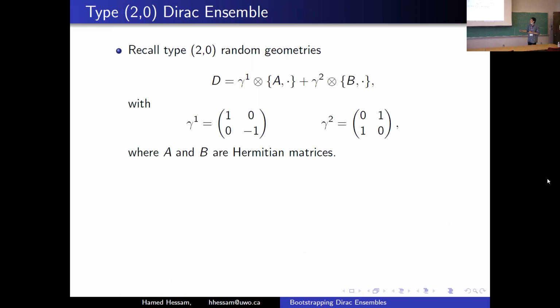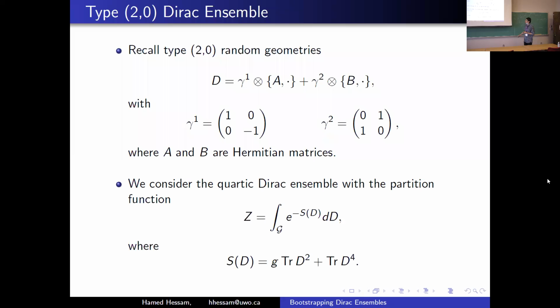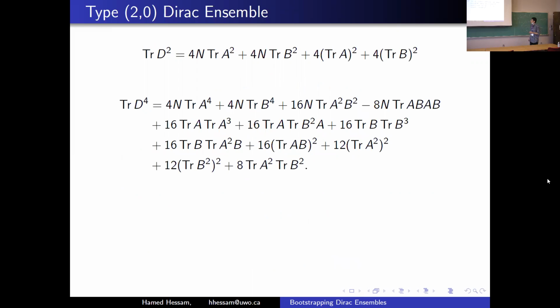And for the type 2.0 it is again the Dirac operator that looks like that with those gamma matrices, and A and B are Hermitian matrices. And we will solve it for g trace D square plus trace D to the power 4. And this is the formula for trace of D square. Trace of D to the power 4 is very crazy and ugly.